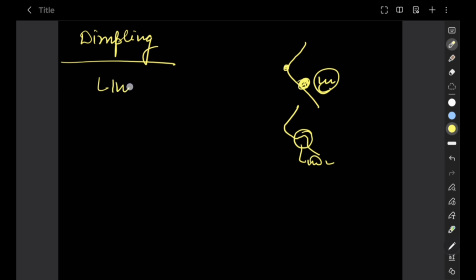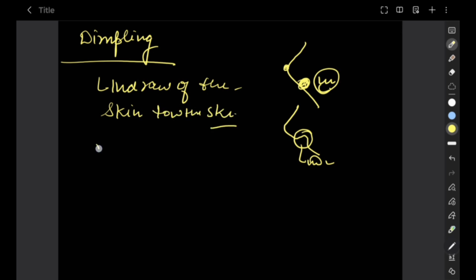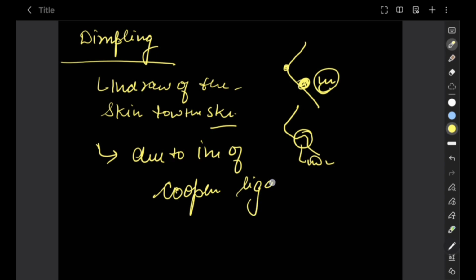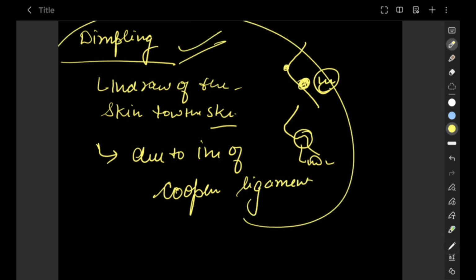The indrawing of the skin inward. Okay, why? Due to infiltration of Cooper's ligament. Fine. That is important, what dimpling means.